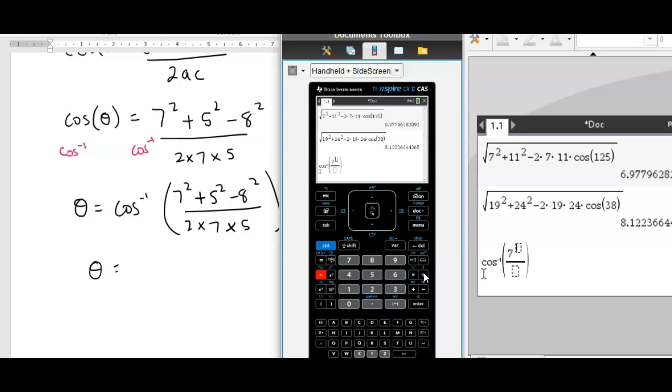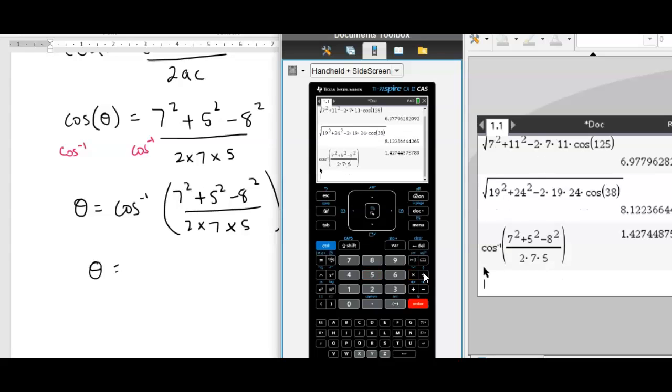So we can just type it all in there. 5 squared, plus, minus 8 squared over 2 times 7 times 5.